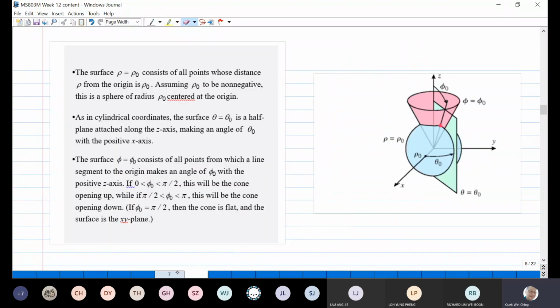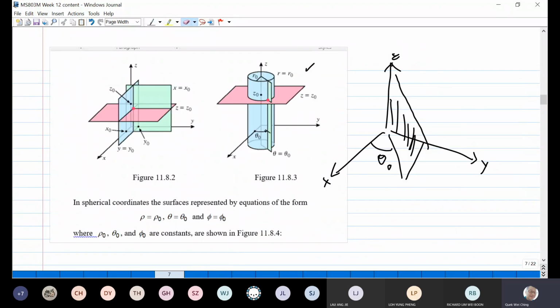Okay, so that is on cylindrical coordinates. Then I want to talk about the spherical coordinates now. Let me show you. Okay, spherical coordinates.